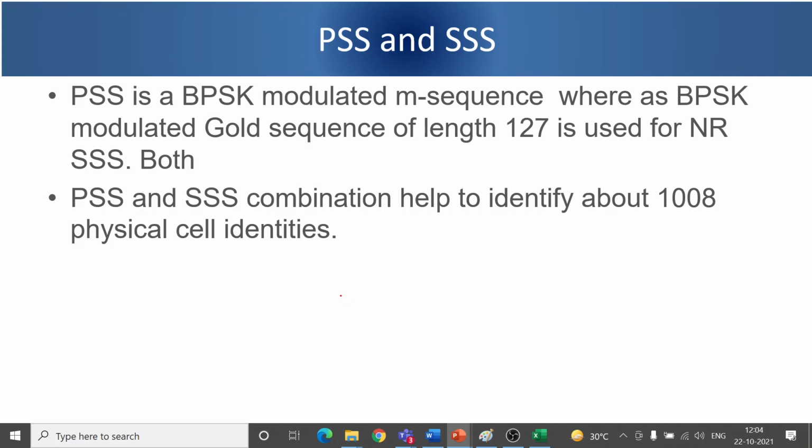Both SSS and PSS are standard sequences which your user equipment knows, and it will be able to compare and derive that information. And using PSS and SSS, you can calculate the cell ID, and there will be a total of 1008 physical cell IDs in 5G, which get calculated using the PSS and SSS.